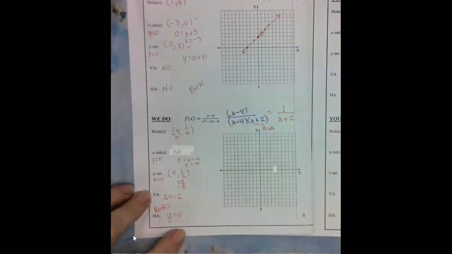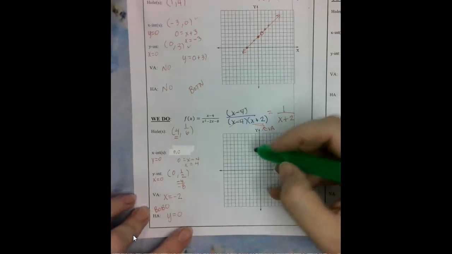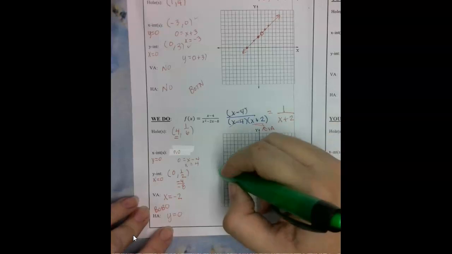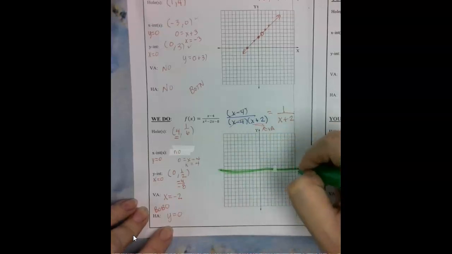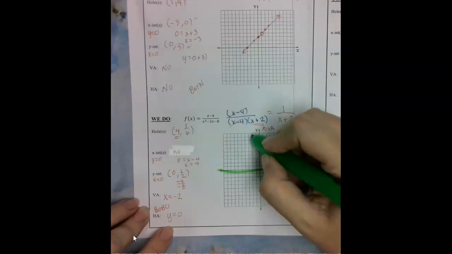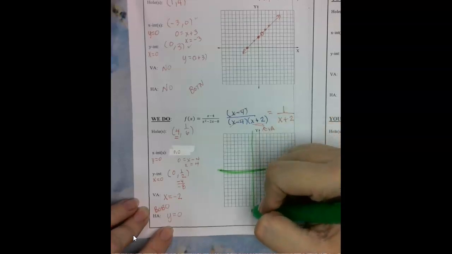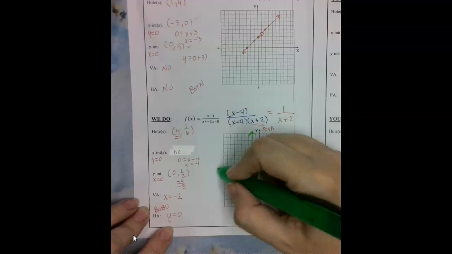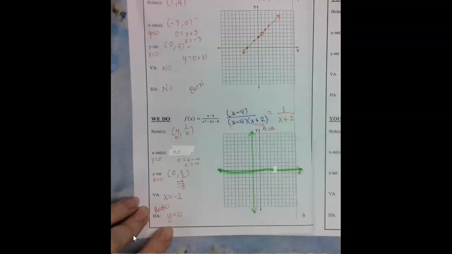So I'm going to graph in with my highlighter my two asymptotes. The horizontal asymptote is at 0, right here. My vertical asymptote is at negative 2. And remember, do this in a different color or dash it so that we remember it's not part of the actual graph.